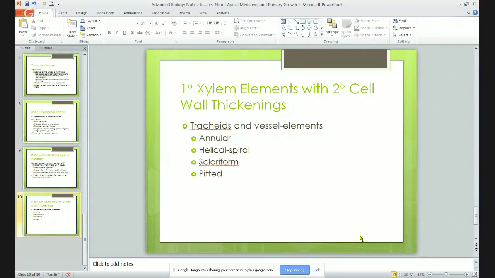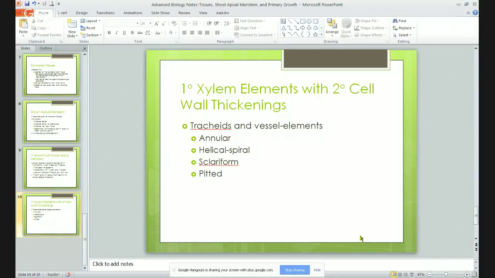Remember, these vessel elements are going to be making up your xylem. So it's very important that water gets through, since the primary job of your xylem is to transport water. That's why it's bad that the cells on the outside don't get the water. So that's your pitted one. Water can go through those pit fields.